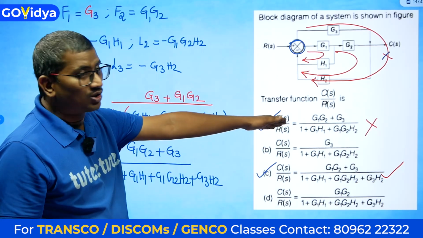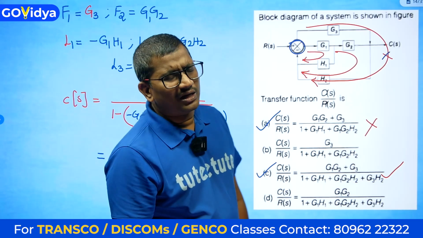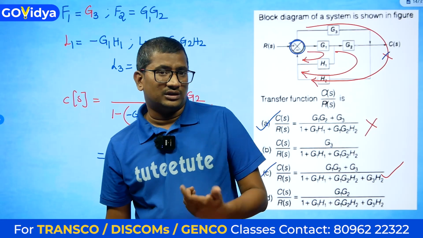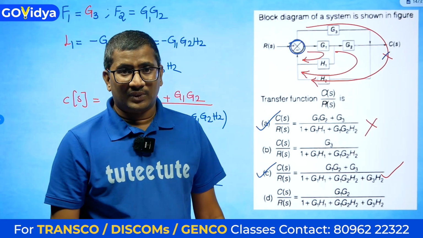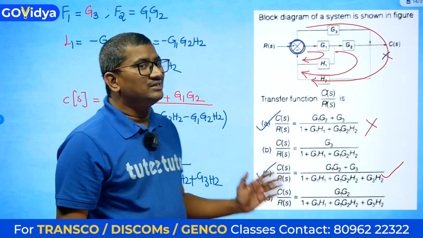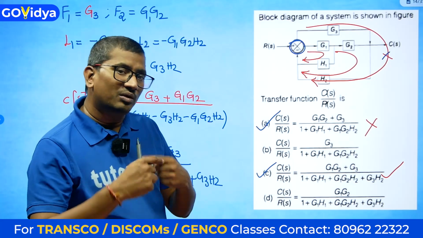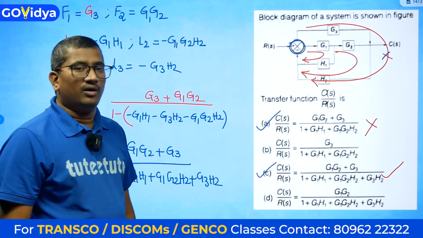That's why you will be getting option A. Care must be taken when you are solving any question. If you are getting answer as option A, it's my suggestion that you do it one more time, so that it is easy for you to recheck. Any other option, no problem, but when it is option A, you just do one more time. Okay, so this is the transfer function of the given block diagram.